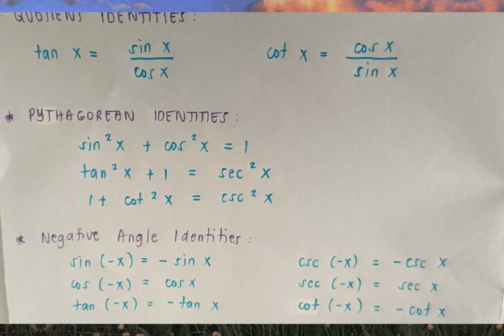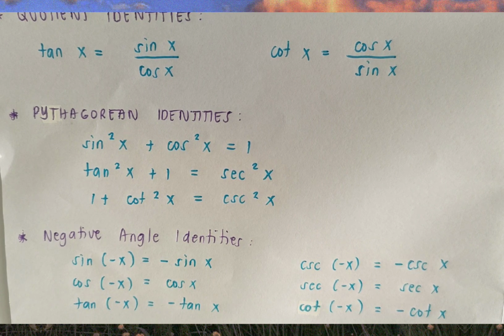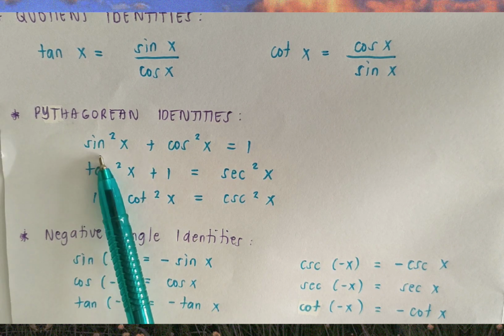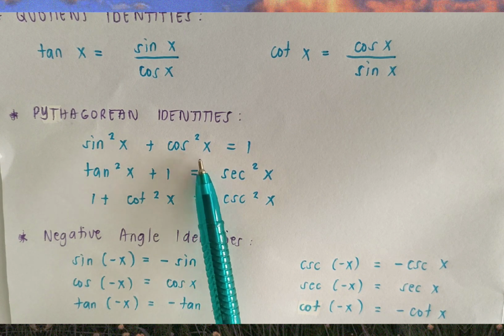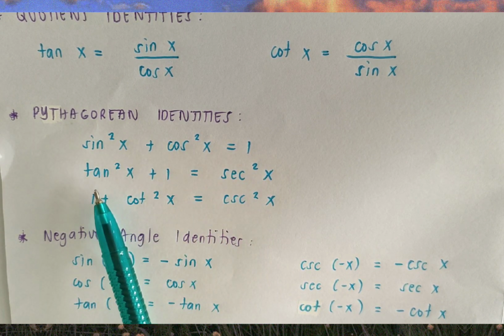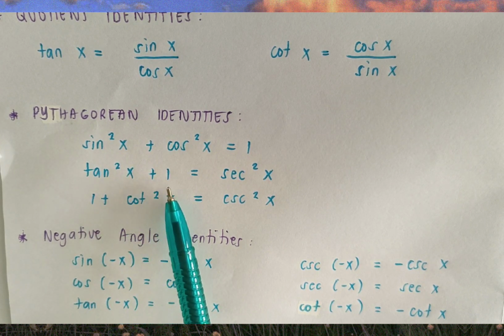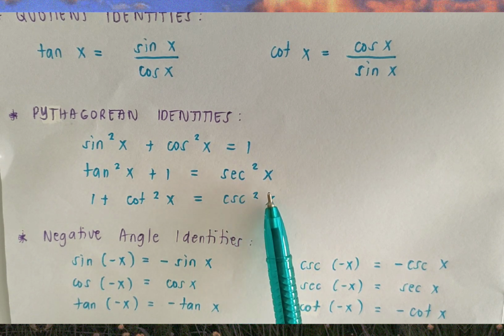Next, we have the Pythagorean identities. For Pythagorean identities, we also have three. The first one is sine squared x plus cosine squared x is equal to 1. Next, tangent squared x plus 1 is equal to secant squared x.